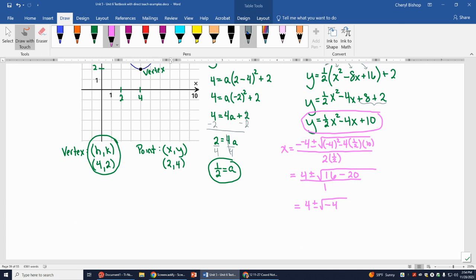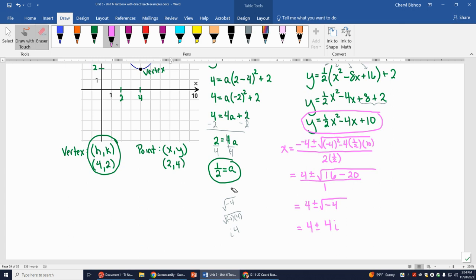Okay, so now I just need to think about simplifying the square root of negative 4. That's the square root of negative 1 times 4. That's going to come out as an i. That's going to come out as a 4. So this is going to turn into 4 plus or minus. I'm just going to switch the order of that so that we're in our number plus or minus a number times i.